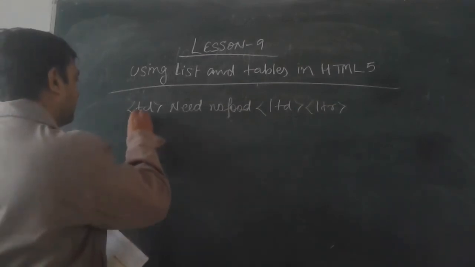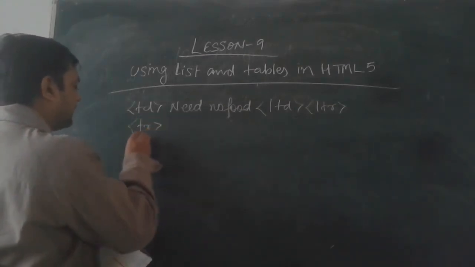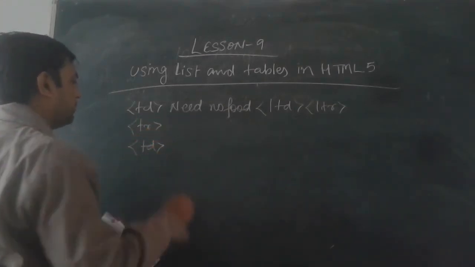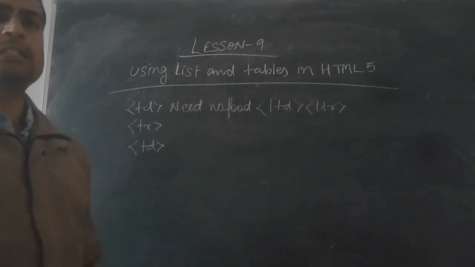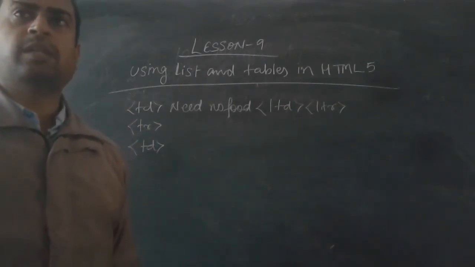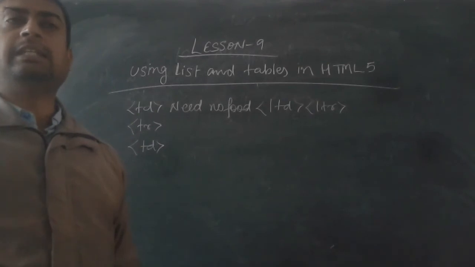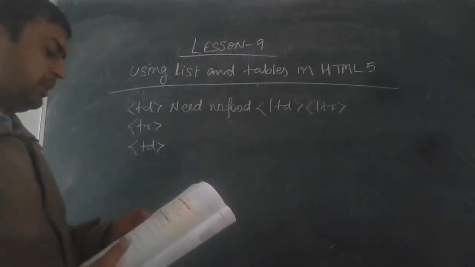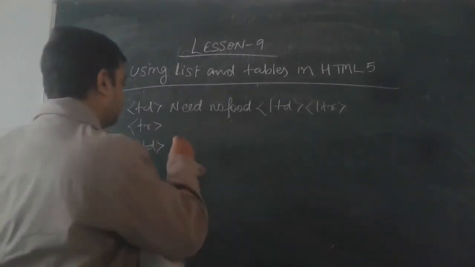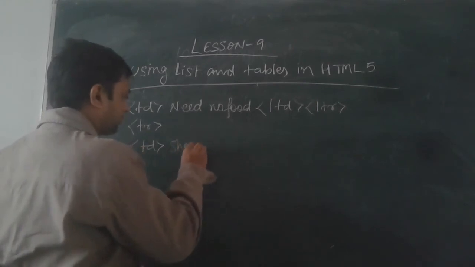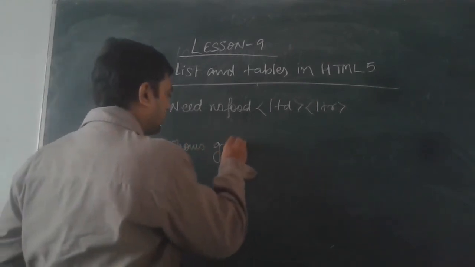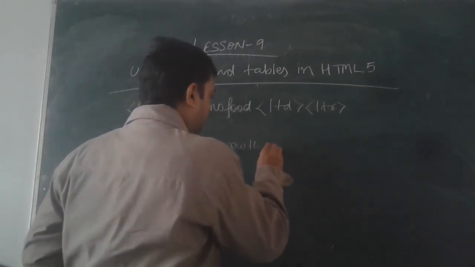Let's take an example again. If you have started TR and you are writing TD, TR is used to create a row and TD is the value that you will use. Shows growth and movement.